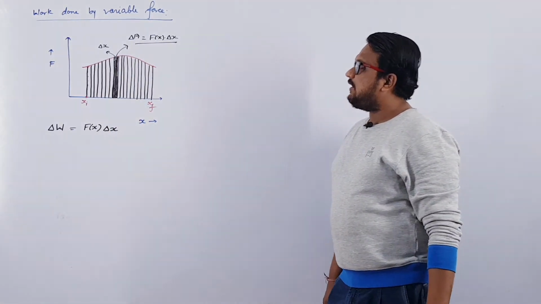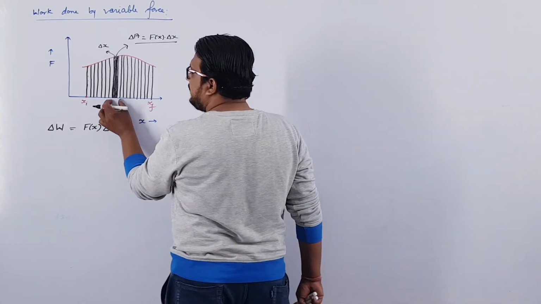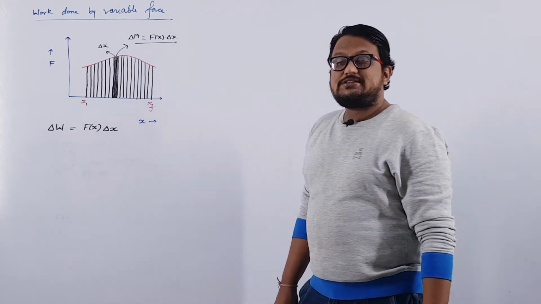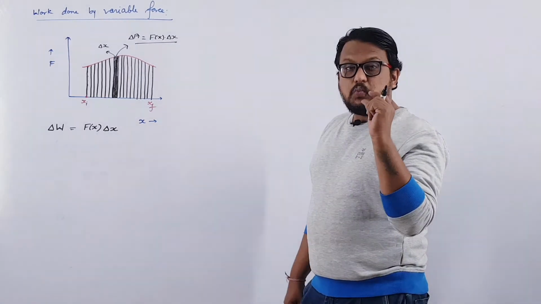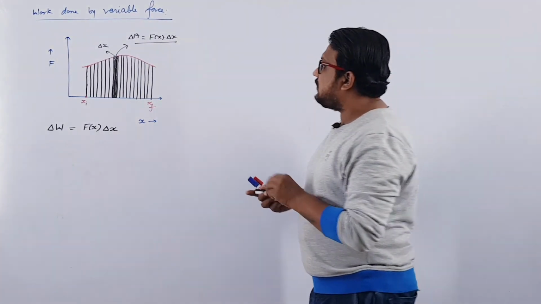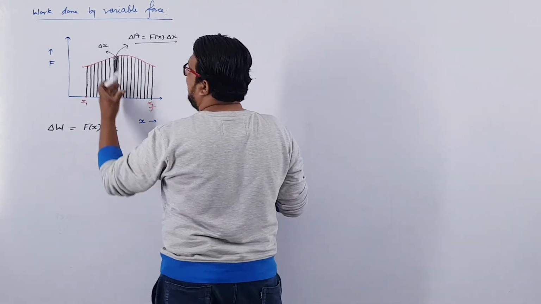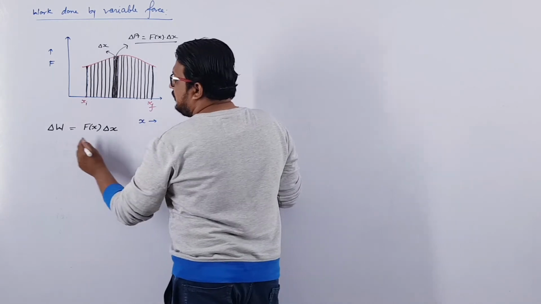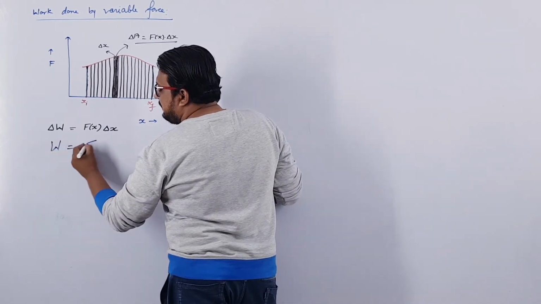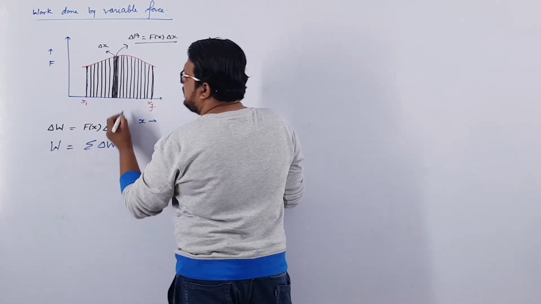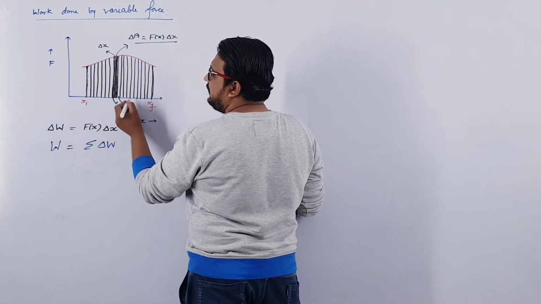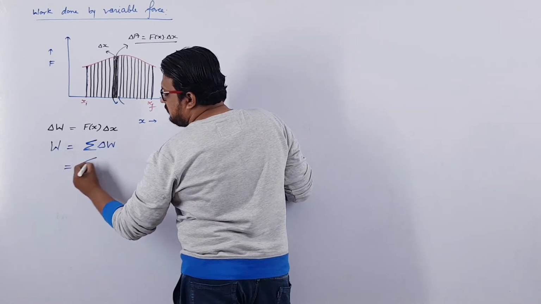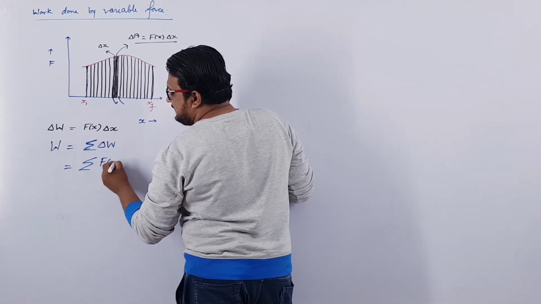In the same way, if we keep on dividing this into smaller and smaller parts, delta is for one such small area. If you consider the complete area for the entire part from x1 to x2, then the total work done will be equal to the summation of all these small work done. So if you keep on adding all of these, you will get the total work done, which is equal to the summation of F of x delta x.